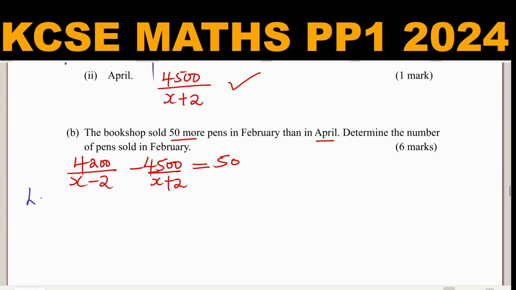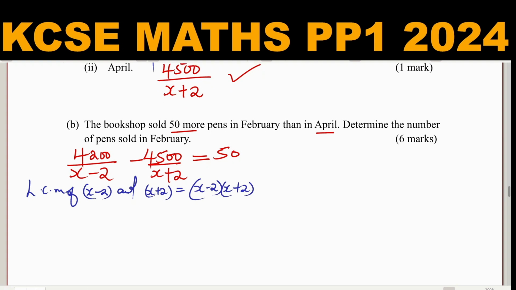So the LCM of X minus 2 and X plus 2 will be X minus 2 times X plus 2. This is the product, and then we multiply each term by that least common multiple.